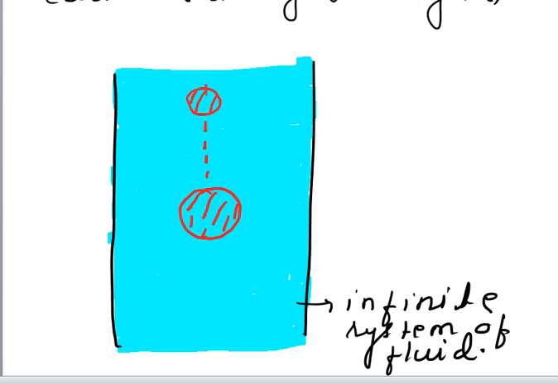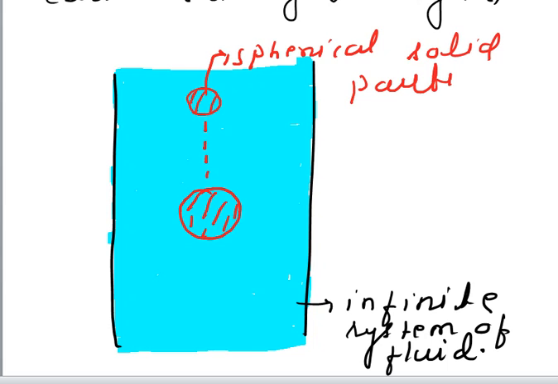So what is this? This is a spherical solid particle. If this is the condition, then this solid will attain a constant velocity Vs, which is called the settling velocity.